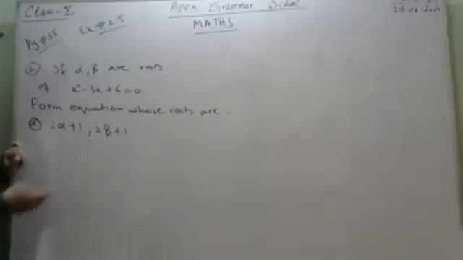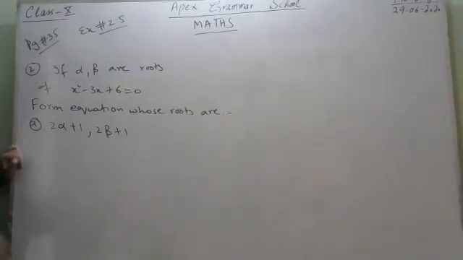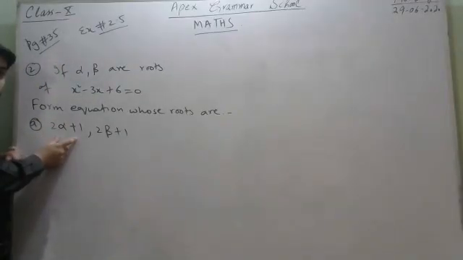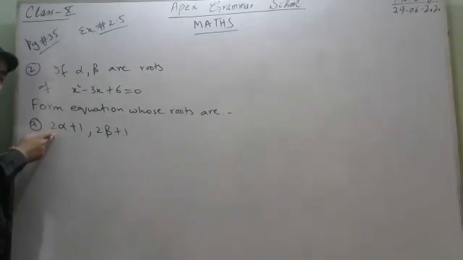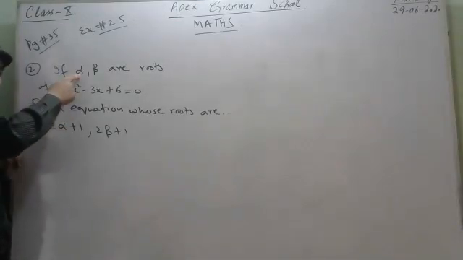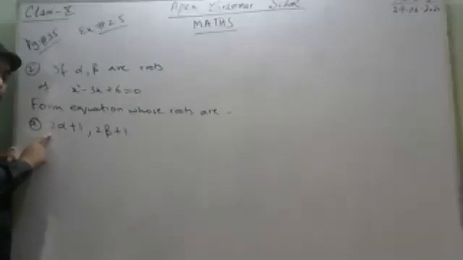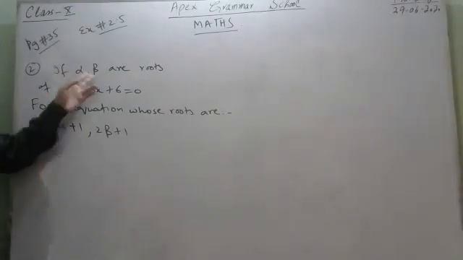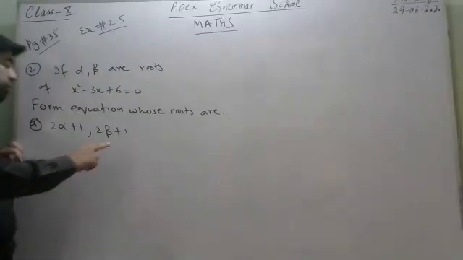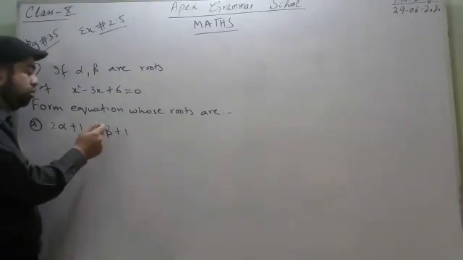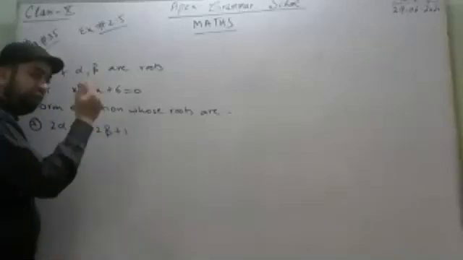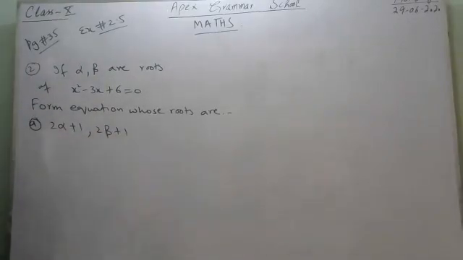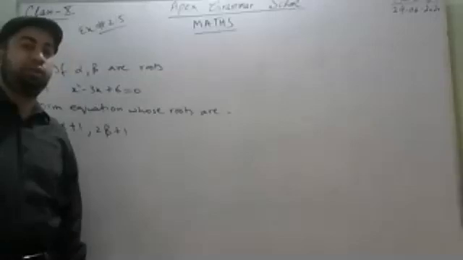Suppose alpha is 1. By applying this condition, the root is not 1, because 1 multiplied by 2 is 2, plus 1 makes 3. And suppose beta is 2. Then after applying this condition, it is not 2: 2 times 2 is 4, plus 1 is 5. Now he wants us to make another equation.